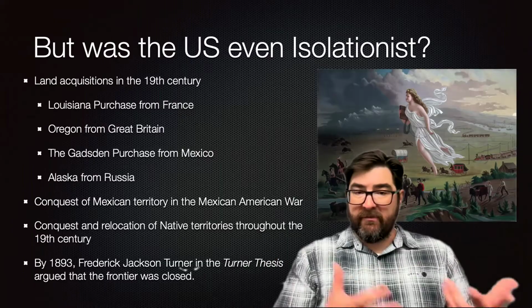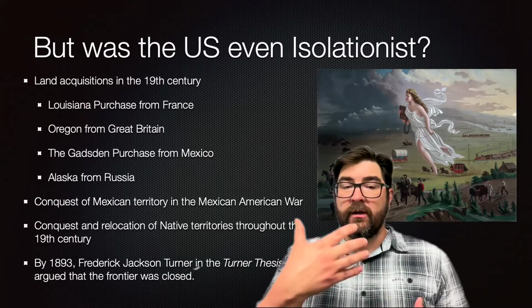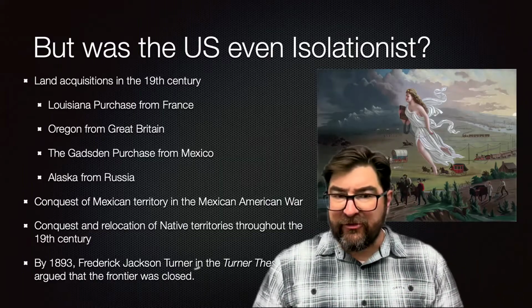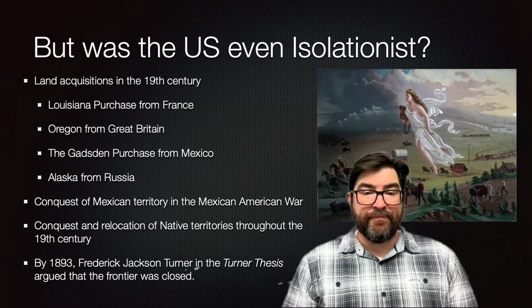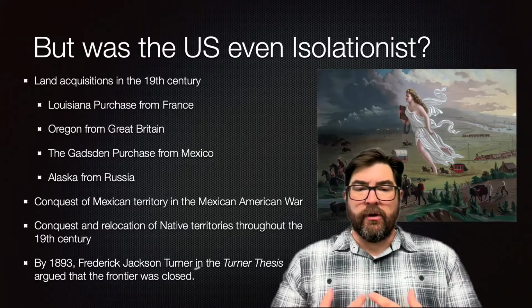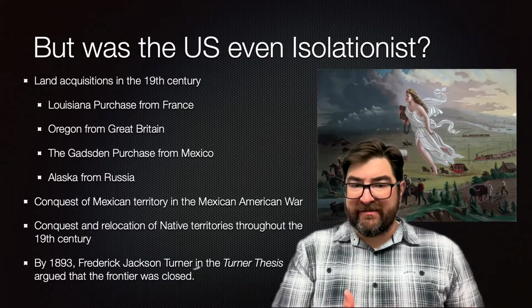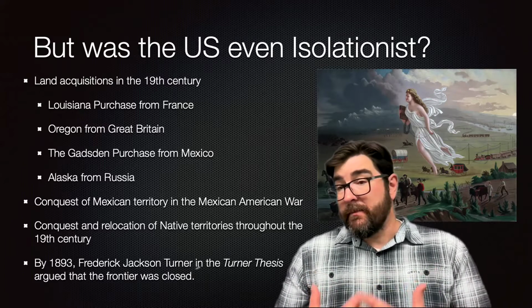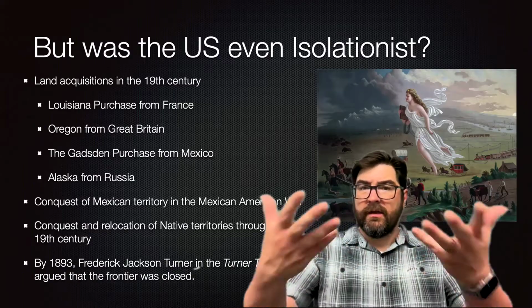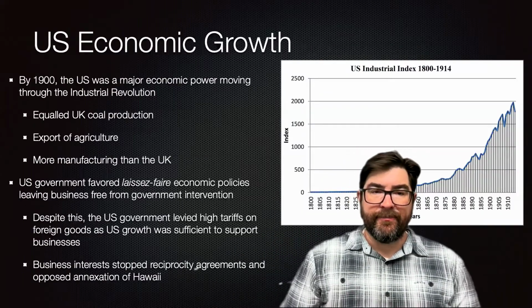And of course, Native American territories were conquered and Native Americans were relocated to various reservations in the late 19th century. By 1893, Frederick Jackson Turner wrote his famous Turner thesis, where he argued that the American frontier was now closed, which for many said it is now time to look beyond.